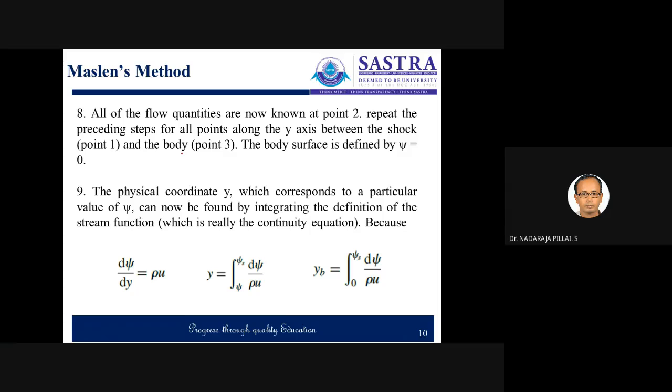So if we repeat the steps, then we can calculate all the points along the y-axis between the shock and the body.